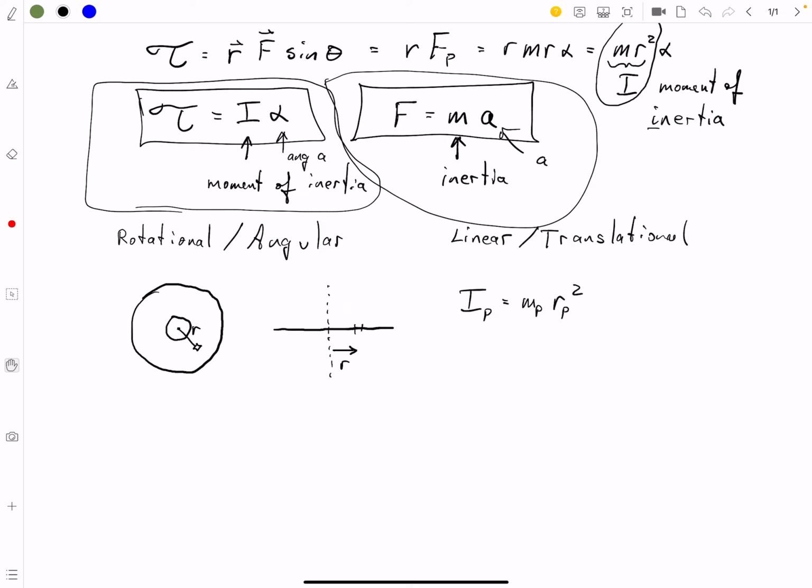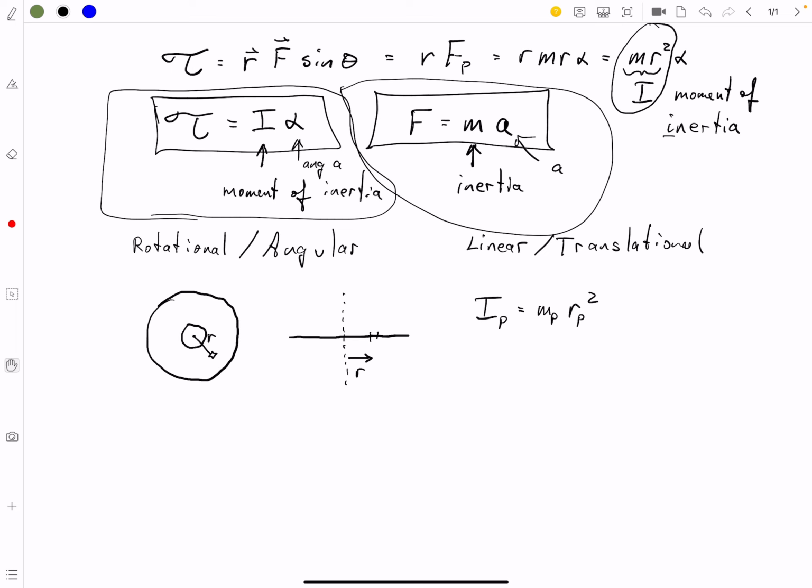Now, we've cut it up into that little piece, but we want the whole thing, right? We want the whole enchilada, the whole CD, the whole record. We want all of it. So we've got to do it for all the little pieces, and who knows how many pieces there are.